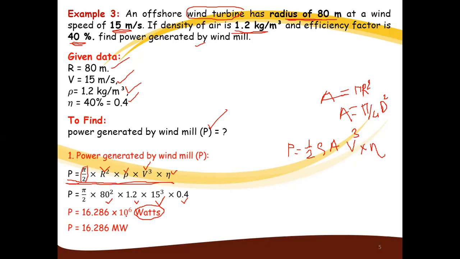Now we know that 1 megawatt is nothing but 10 raised to 6 watt. So we convert this unit into megawatt. That is P is equal to 16.286 megawatt. So this is the simple example of power generated by wind.